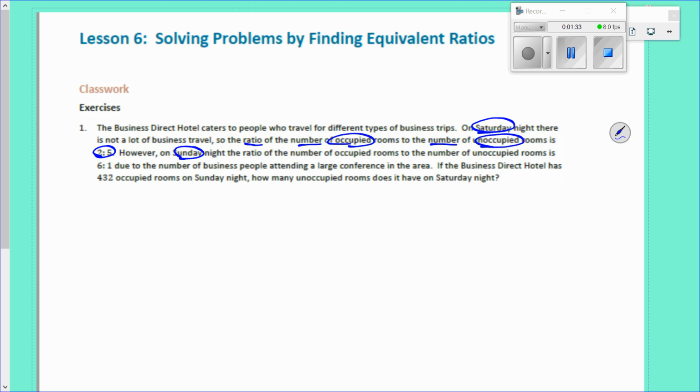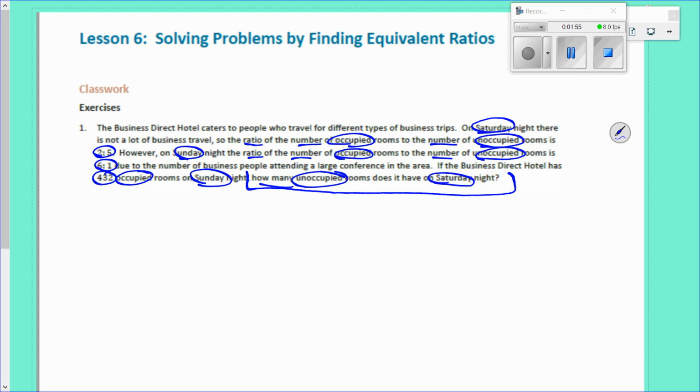However, on Sunday night, the ratio of the number of occupied rooms to the number of unoccupied rooms is 6 to 1 due to the number of business people attending a large conference in the area. If the Business Direct Hotel has 432 occupied rooms on Sunday night, how many unoccupied rooms does it have on Saturday night? There's our question.